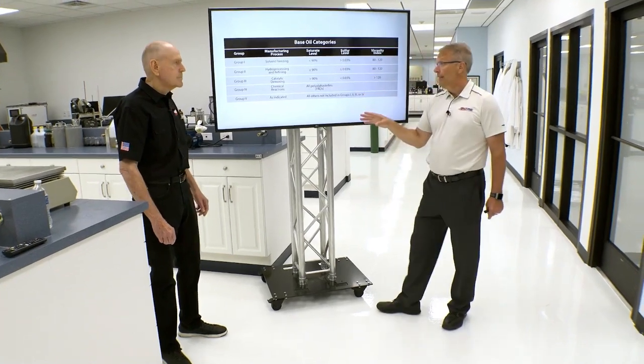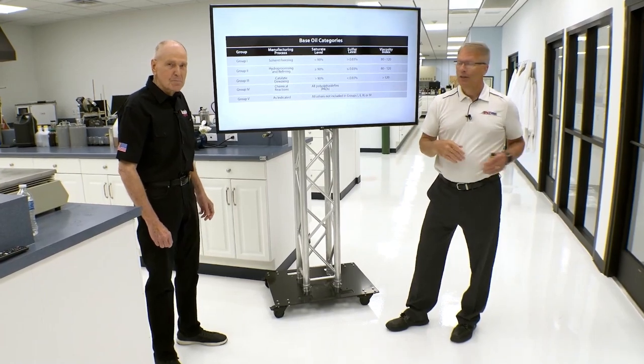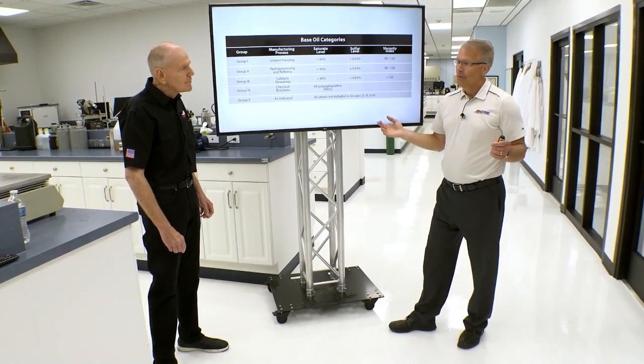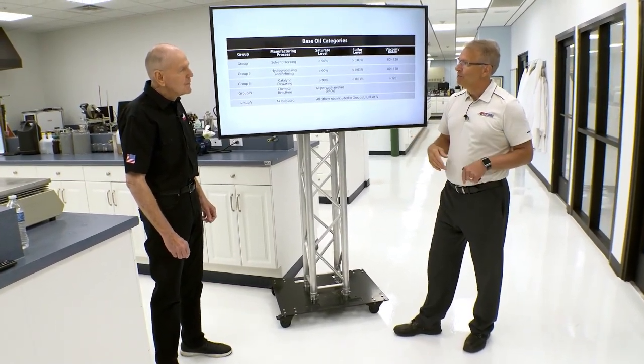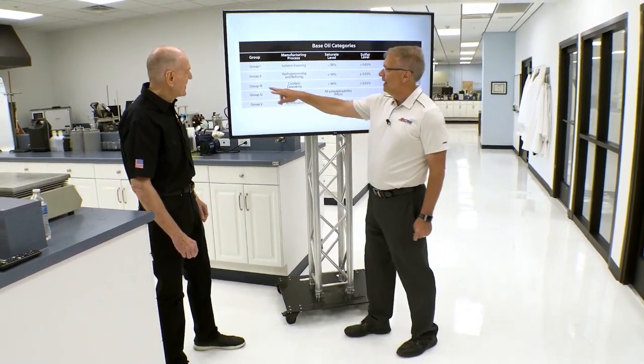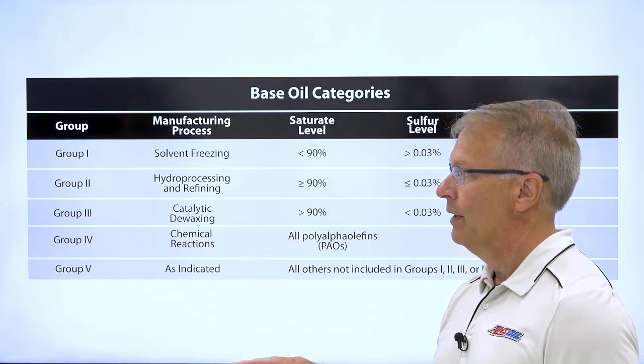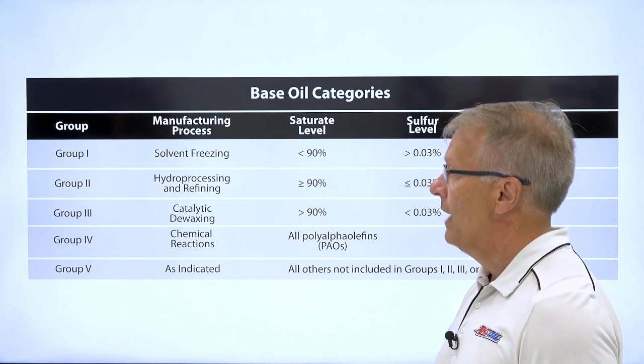So now Group 3, Gale, this is where we get into synthetics. Yes. So we didn't define this. There was an industry dispute several years ago where one base oil manufacturer was making Group 3 base oils and they wanted to define Group 3 base oils as synthetic. They ended up winning that argument.